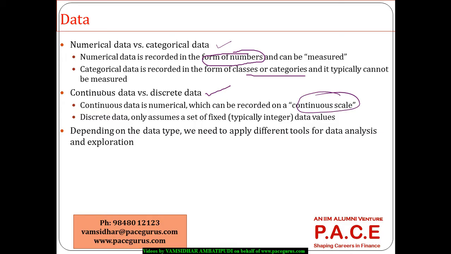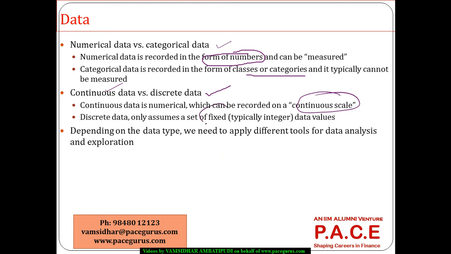That is what differentiates continuous data from discrete. Continuous is numerical, but it can be recorded on a continuous scale, not just a few different values, but almost any value. Height, weight, they can be measured on a continuous scale.